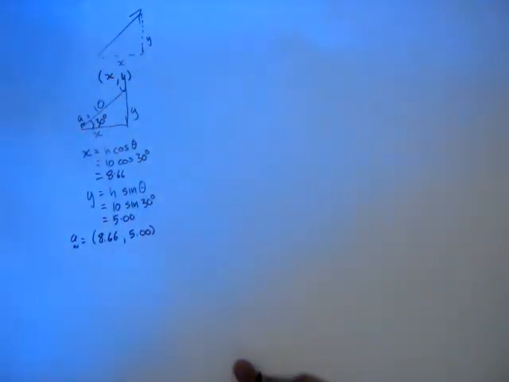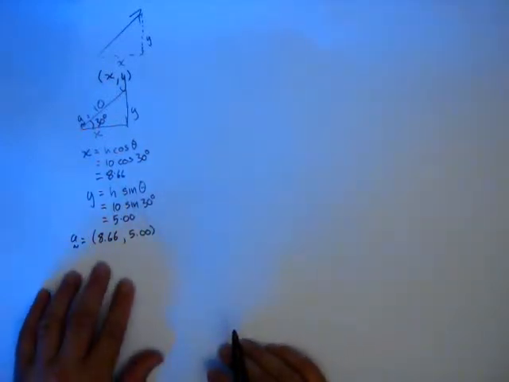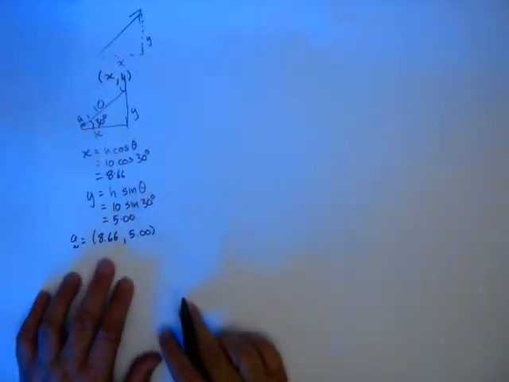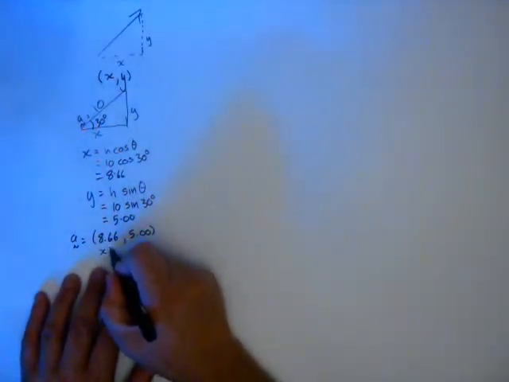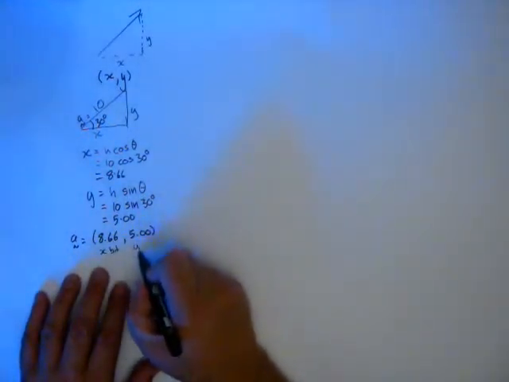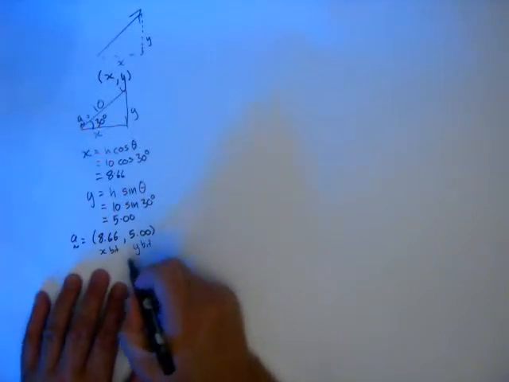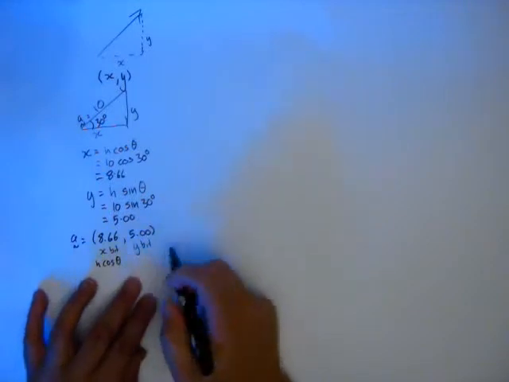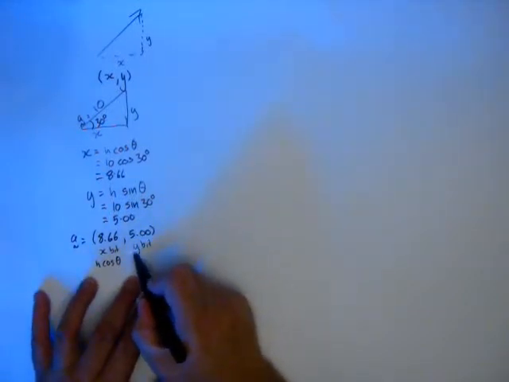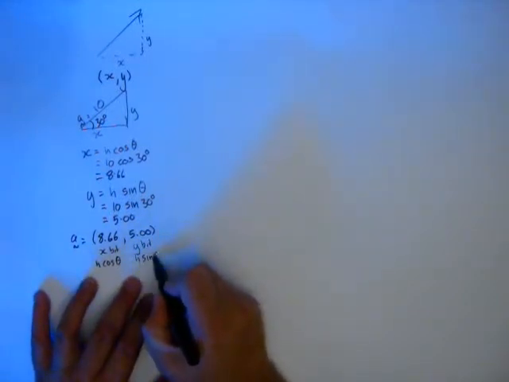In fact, we often call those vectors in physics and engineering. So when we write down a vector like that, we work out the x bit and the y bit. The x bit is always h cos theta, and the y bit is always h sine theta.